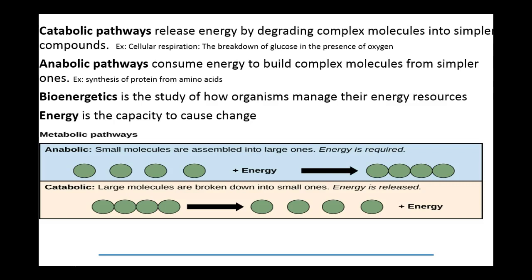Bioenergetics, another term to put in your grab bag of terms now. Bioenergetics is the study of how organisms manage their energy resources. So of the energy that you make, where does the body choose to send it?